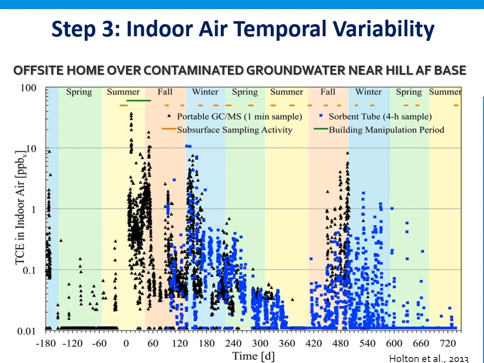To address temporal variability, numerous options are available. Practitioners can sample often, or they can sample continuously. Also, practitioners can get time-integrated samples over numerous days by using passive sampling techniques. The supplemental guidance discusses all 3 of these options.